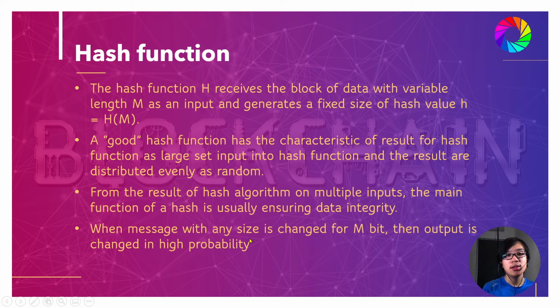When the message of any size is changed by m bit, then the output is changed with high probability. So that means in a good hash function, the hash value is highly random.